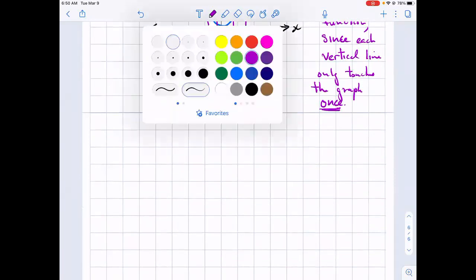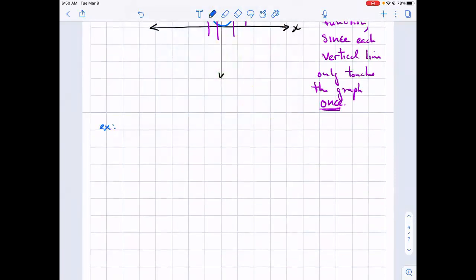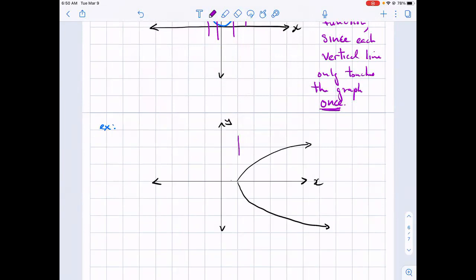If you look at another example, where this is the x-axis and that's the y-axis, now if I draw my first line, it only hits it once. But if I draw another line, it touches twice.